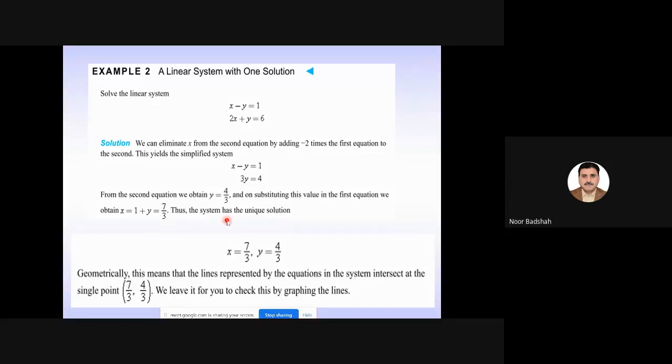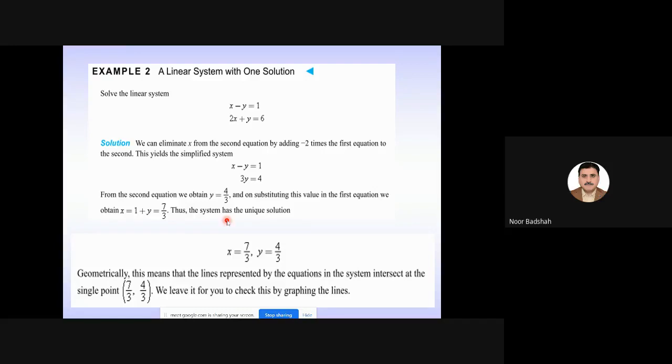This is an example of a system of equations which has one solution, a unique solution, and I had already given another example, so you can get through it quickly yourself. How can you solve this system? You may add them together, or you may subtract two times the first equation from the second, whatever.